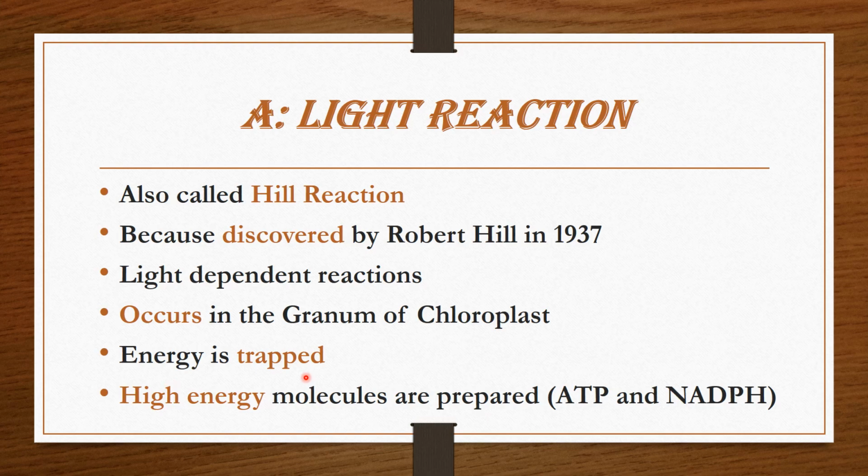Energy is trapped here, and it is used for the preparation of high energy molecules like ATP and NADP. So the energy is trapped and high energy molecules are prepared, like ATP and NADP, nicotinamide adenine dinucleotide phosphate with hydrogens.